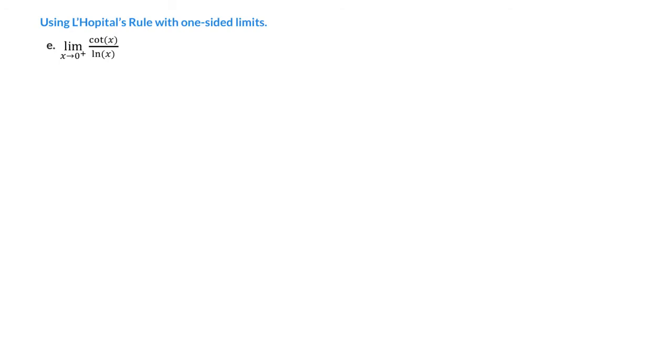In fact, the rule is identical, so I don't even have to restate it, because if I do that, I will be stating the same theorem. So what I'm going to do here is try to solve this problem, and you're going to see indeed that the steps are identical. So with one-sided limits, as long as they tend to an indeterminate form, you can apply L'Hopital's rule.